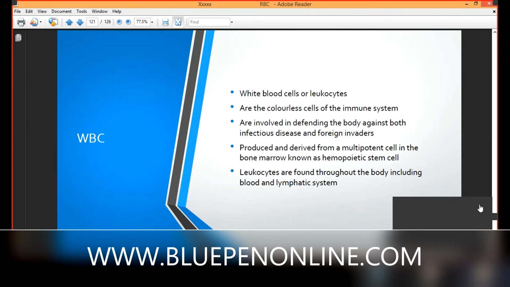They are colorless cells involved in defending the body and providing immunity against infectious diseases and foreign invaders. They are also produced from the hematopoietic stem cells, which we discussed yesterday. Leukocytes are found throughout the body, including the blood and the lymphatic system. They are classified into 2, the granulocytes and the agranulocytes.